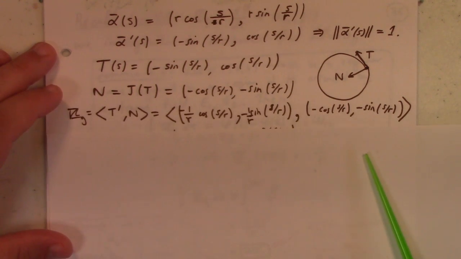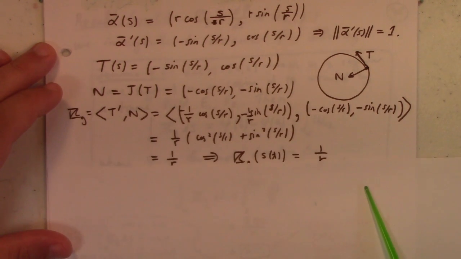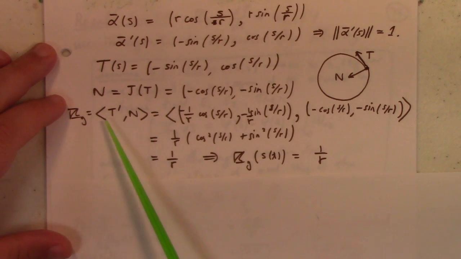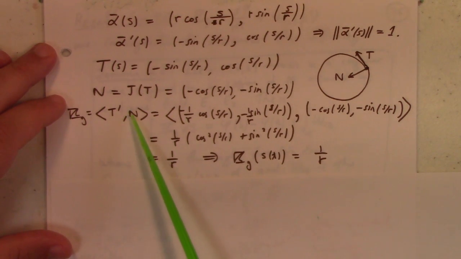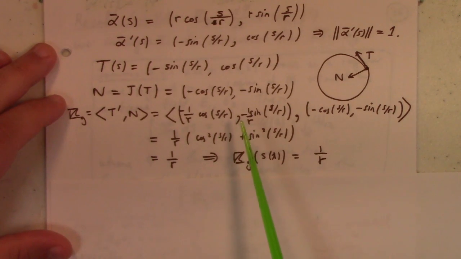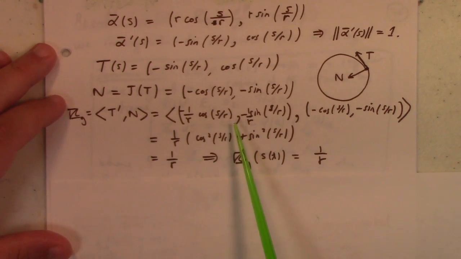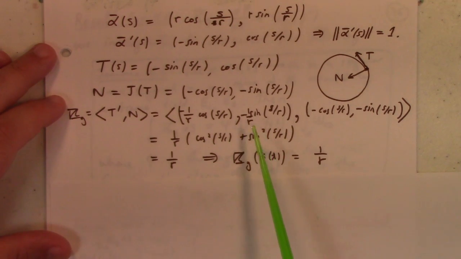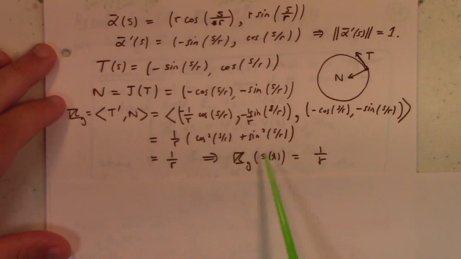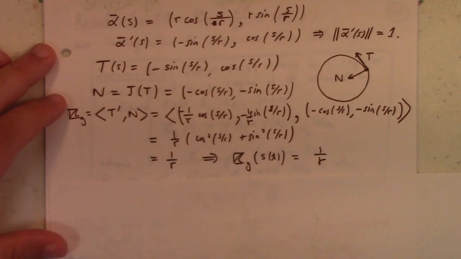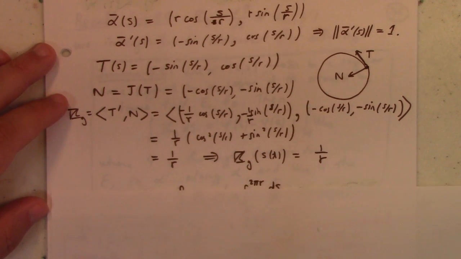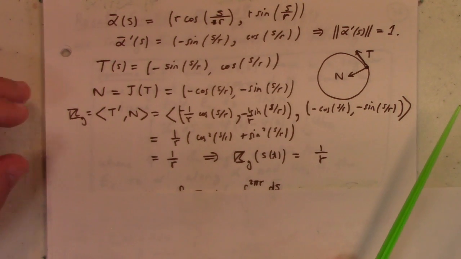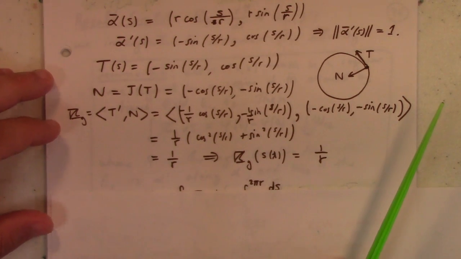Then the geodesic curvature is just given by the inner product of T' and N. Here the metric is the inner product. And out pops sine squared plus cosine squared as usual, and so we get 1 over r as the geodesic curvature.